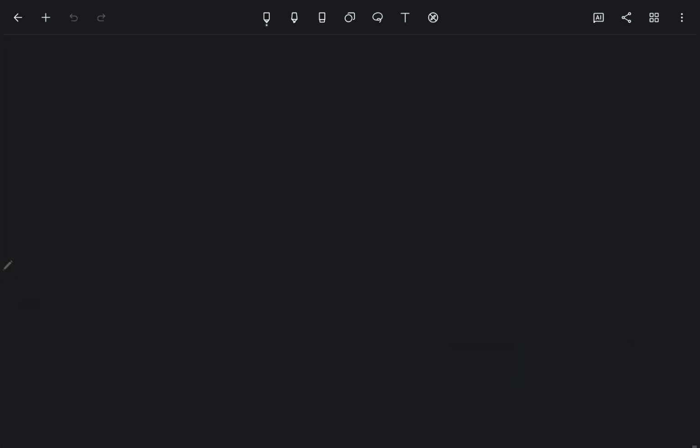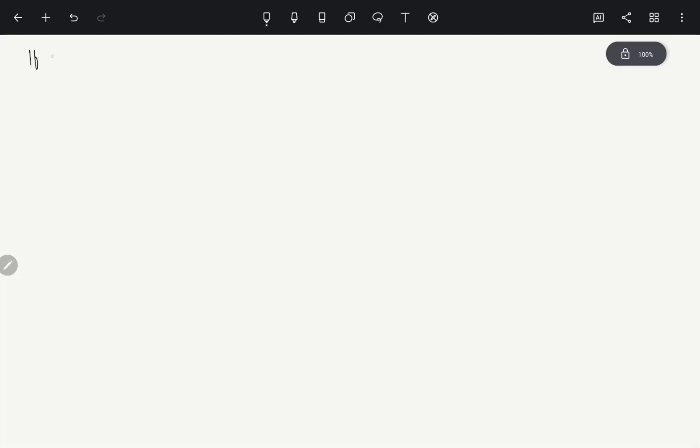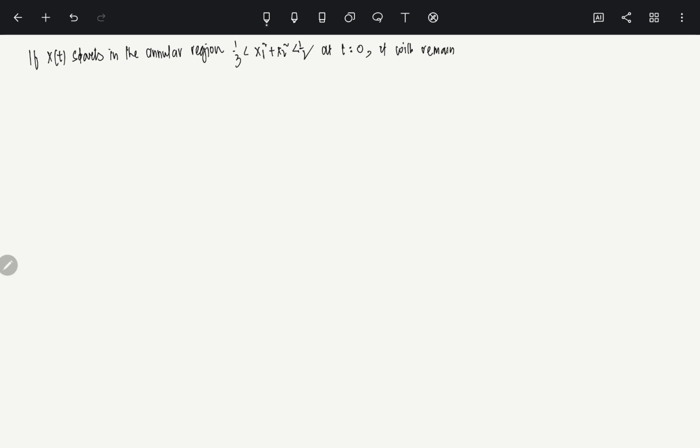So let me write it down. Let's say if x of t starts in the annular region, where x1 square plus x2 square lies between 1 by 3 and half, at t equals 0, it will remain in the annulus for all time.